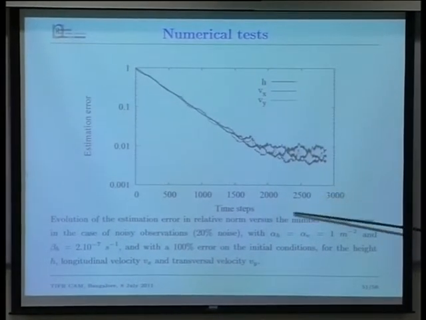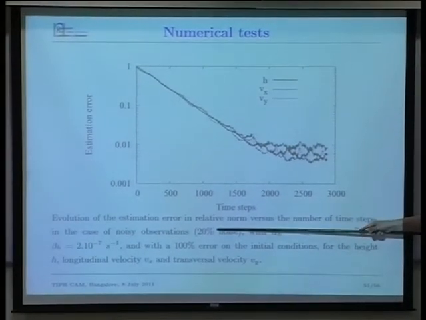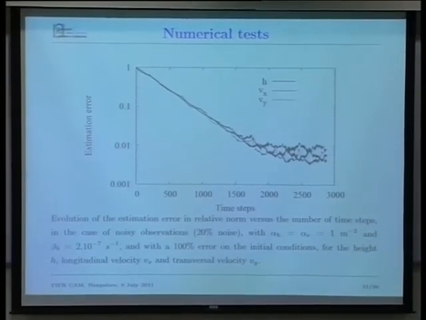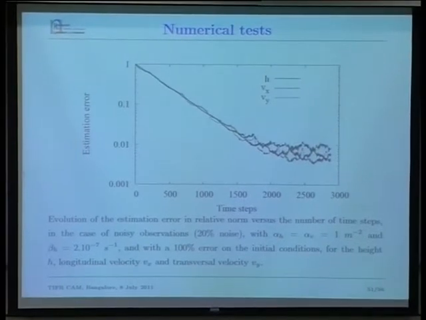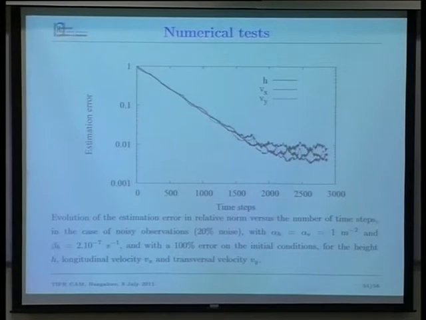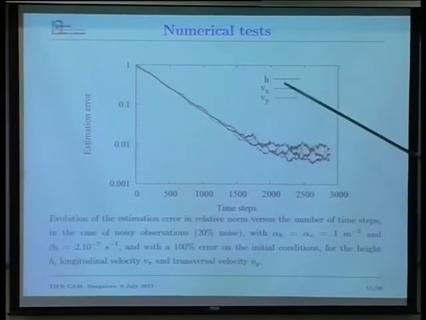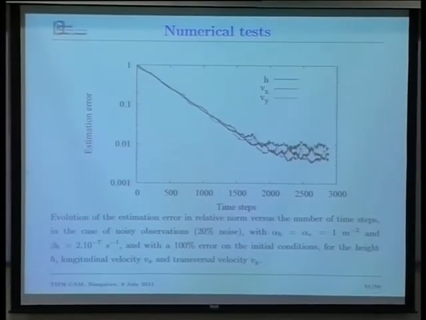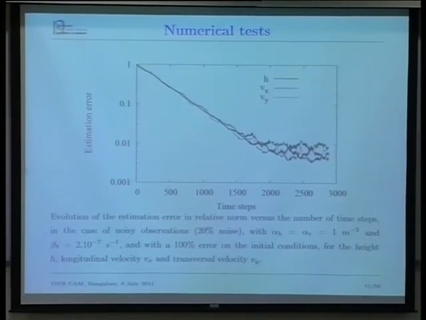So this is quite nice because if you know the height with 20% noise, you can always filter the noise and get H with good precision. But what is interesting is that usually if you only correct H with the observations, and if you don't correct the velocity, the error on the velocity would be 20, 30, 40% at least.